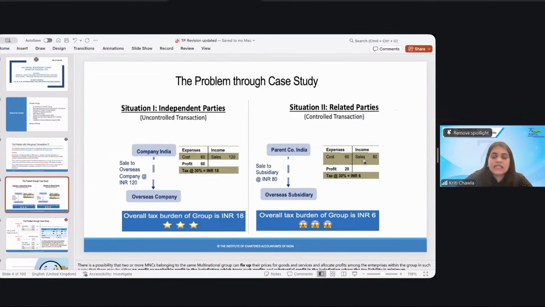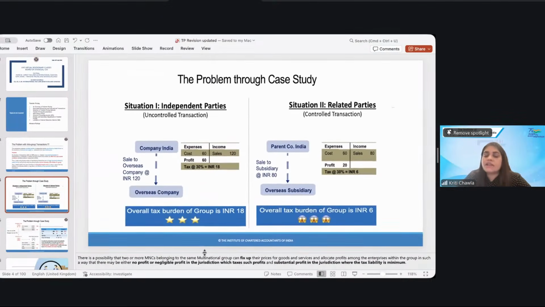So the sales happen at 80 rupees. Cost is at the rate of 60 rupees. So profit comes down to 20 rupees. Now tax again at the rate of 30% on 20 rupees becomes 6 rupees right here. So do you see how, because they were able to manipulate this particular transfer price of 80 rupees rather than 120 rupees, they were able to bring the tax down to 6 rupees from the erstwhile 18 rupees.